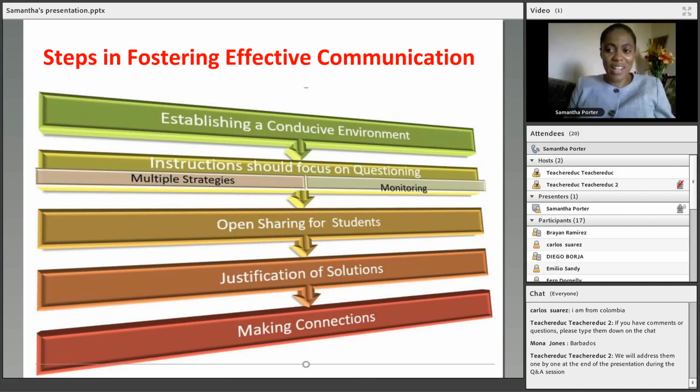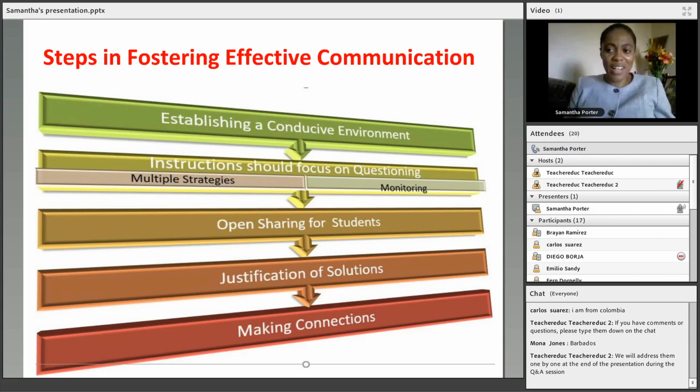In fostering effective communication, as teachers, we must establish a conducive environment. Our instruction should focus on questioning. Questioning that will enable multiple strategies of solving problems, and questioning that will help us to monitor students' progress.